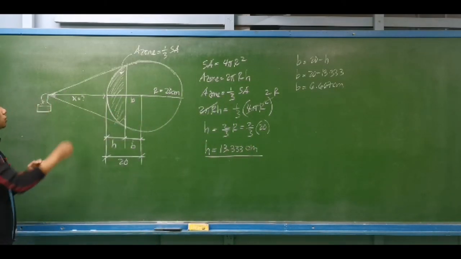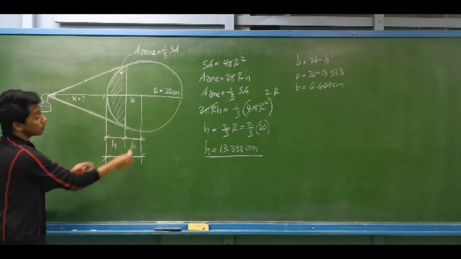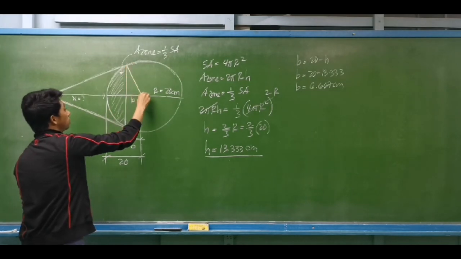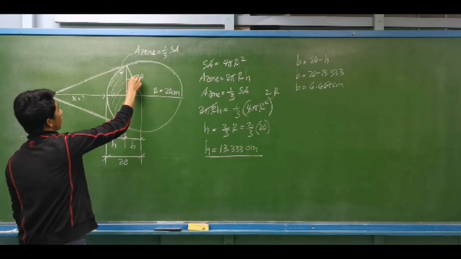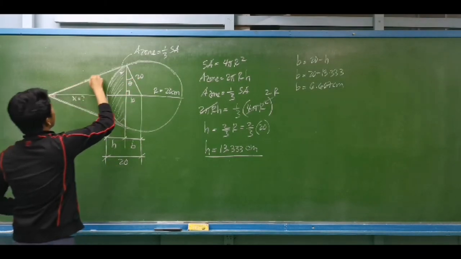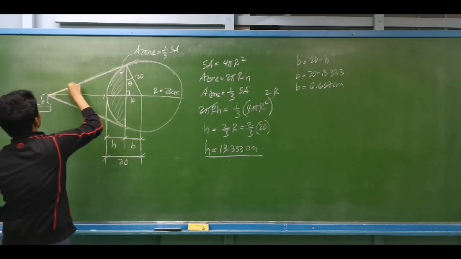So bakit ko kinuha ito? Okay, kung mapapansin nyo, yung ilaw ng bulb ay parang mga tangent line sa circle. So kung mag-draw tayo ng radius mula dito, this is the same as 20, this is right angle. Makuha natin yung angle na ito, this is theta. Okay? And this is a tangent line. Okay, ulitin lang natin yung concept na yun.